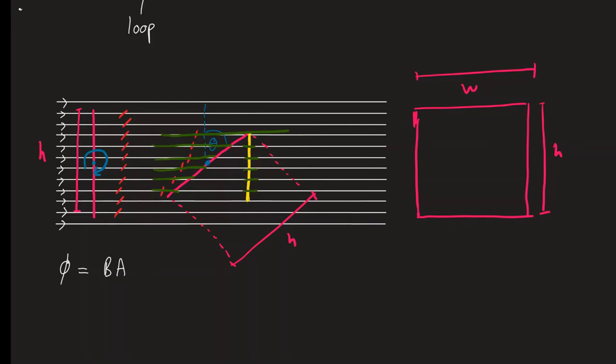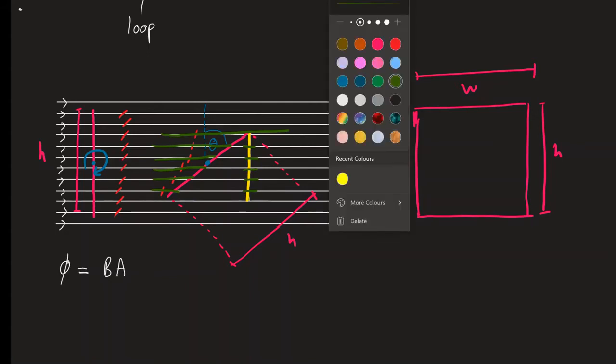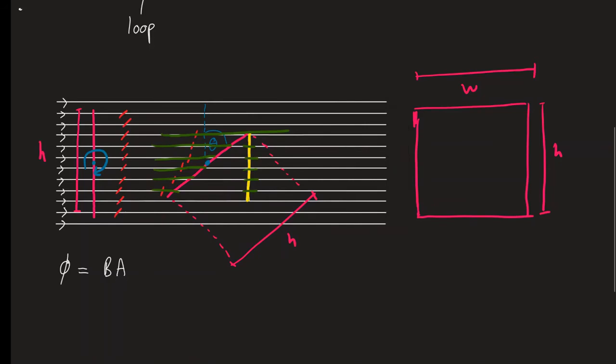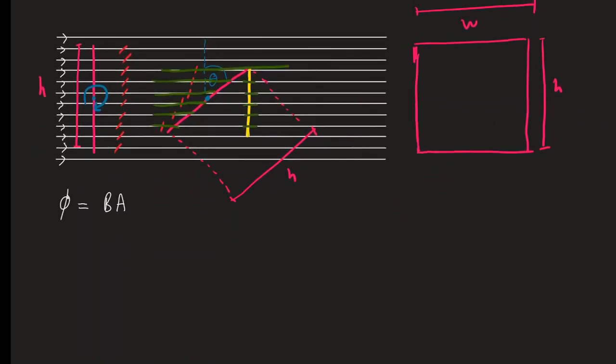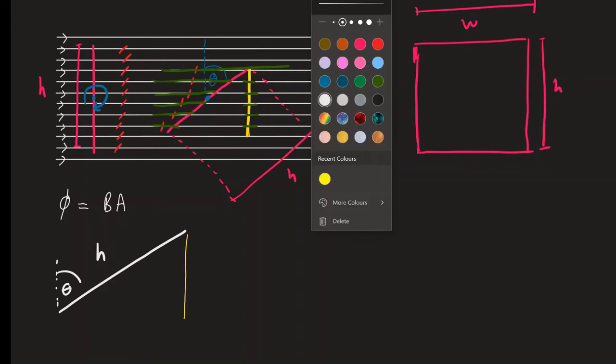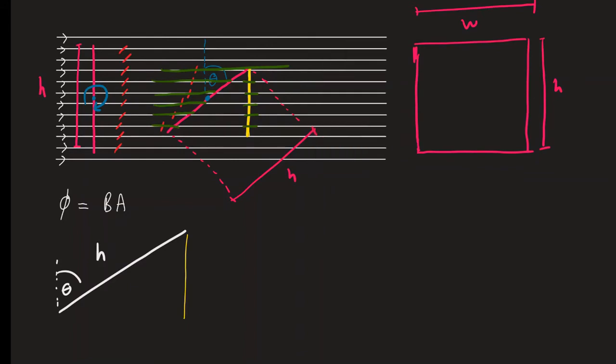Let's try and establish the area of the effective loop. So the effective loop, we draw out this triangle. We've got h and then our effective loop. And we have an angle in here, theta. So this must also be theta here.